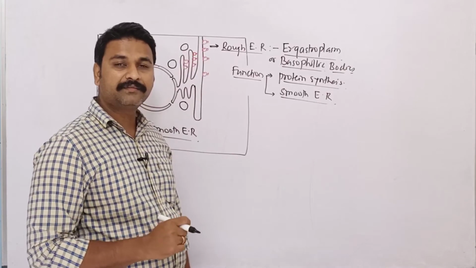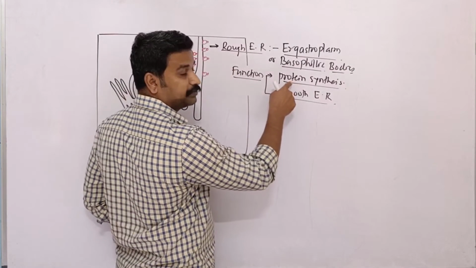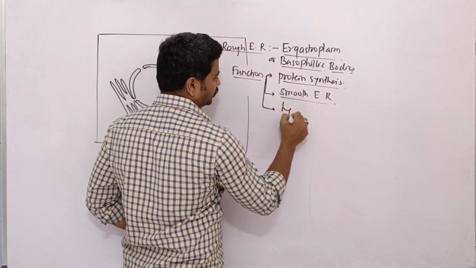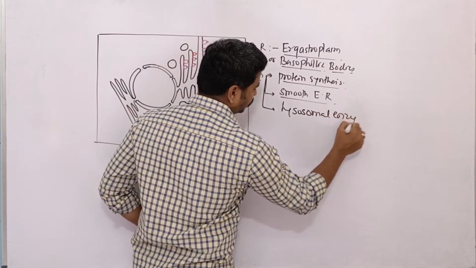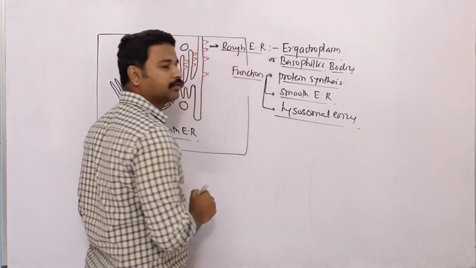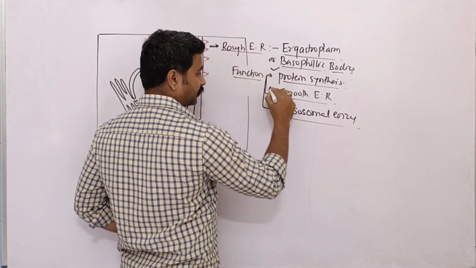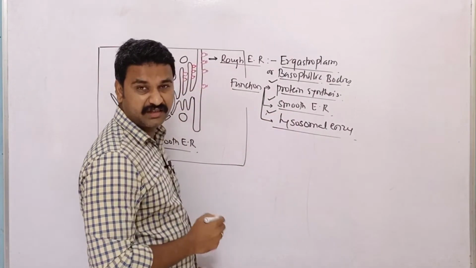Then as the rough endoplasmic reticulum is associated with ribosomes and these ribosomes are producing protein, these proteins can be lysosomal enzymes. So the main functions of rough endoplasmic reticulum are protein synthesis, producing smooth endoplasmic reticulum, and lysosomal enzyme synthesis.